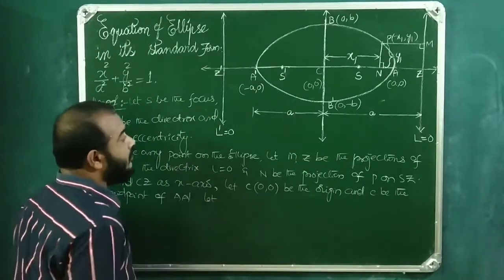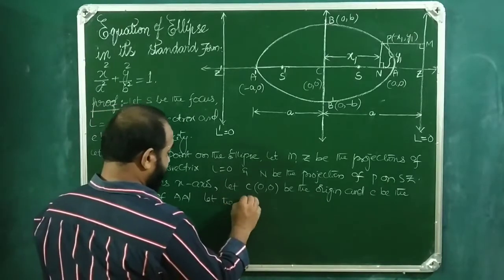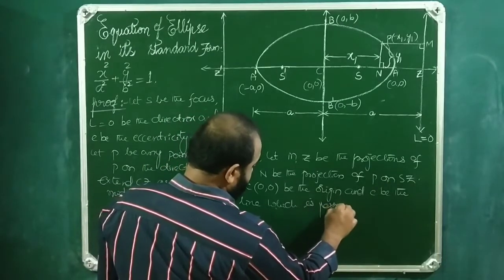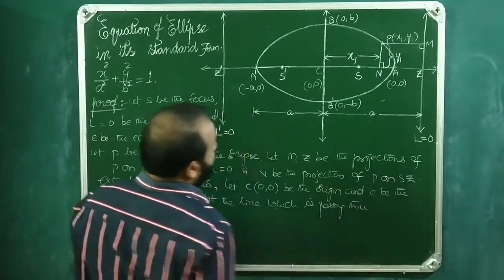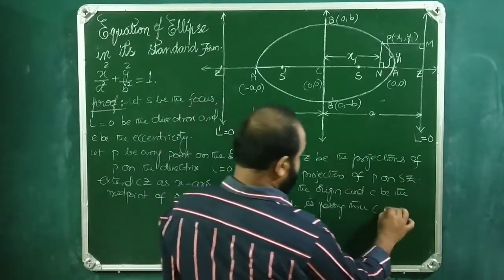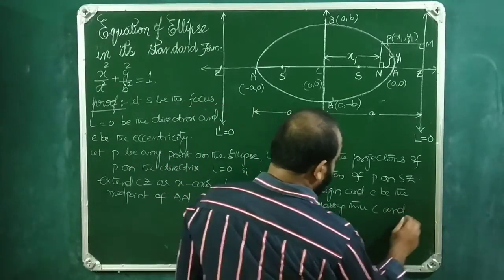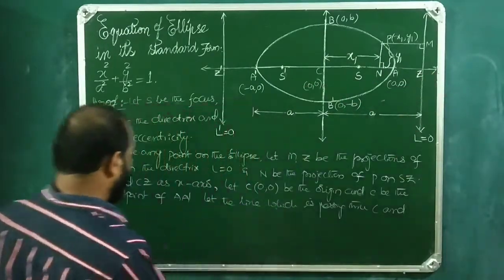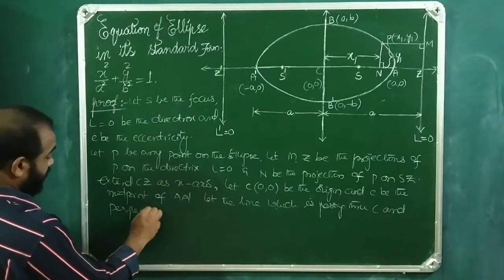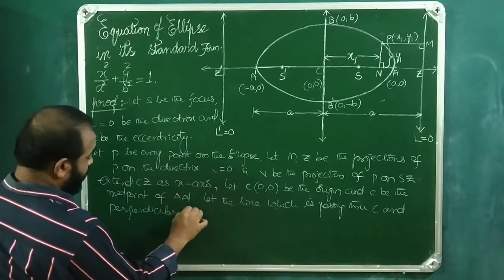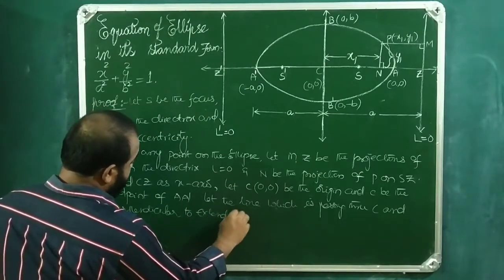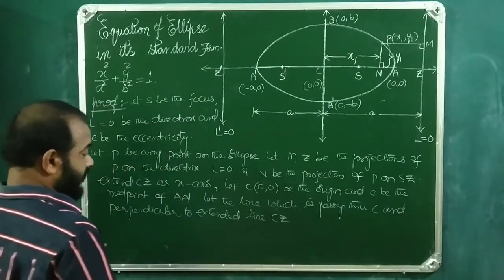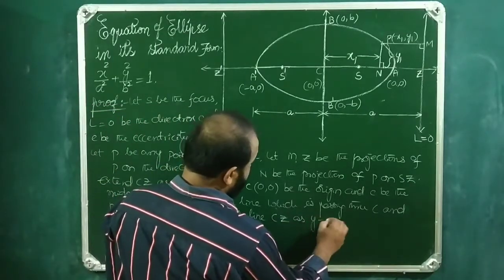Let the line which is passing through C and perpendicular to x-axis, extended line CZ, be the y-axis.